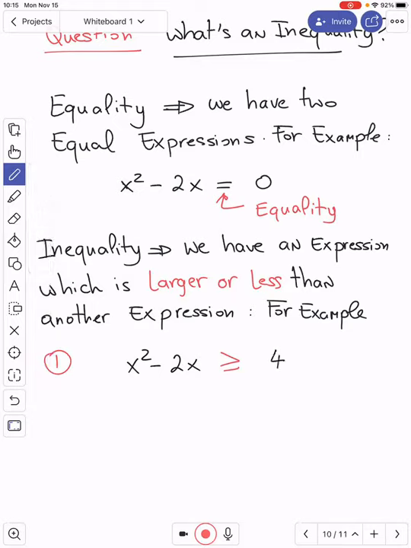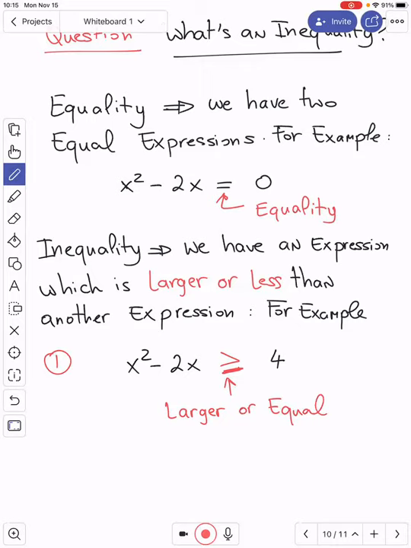Of course, this symbol here means larger or equal. And it's "or equal" because of this line here. You see this line right here? So that's why it's larger or equal. So the expression on the left side, x squared minus 2x, is larger or equal than the second expression, which is just 4, right?